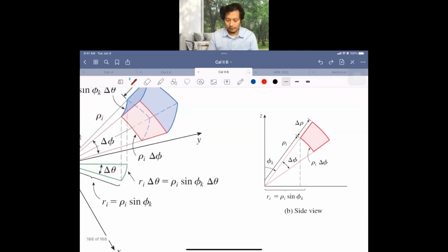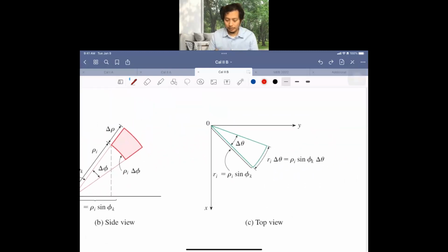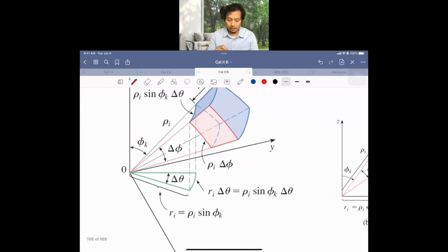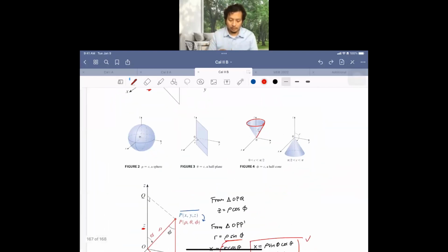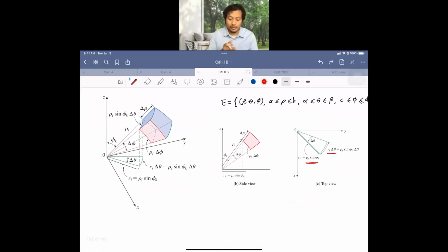From the side view, the red color, and for the green one at the xy plane, we also have the arc length, and we have the radius and then sine phi. This is basically a similar triangle from our triangle here.